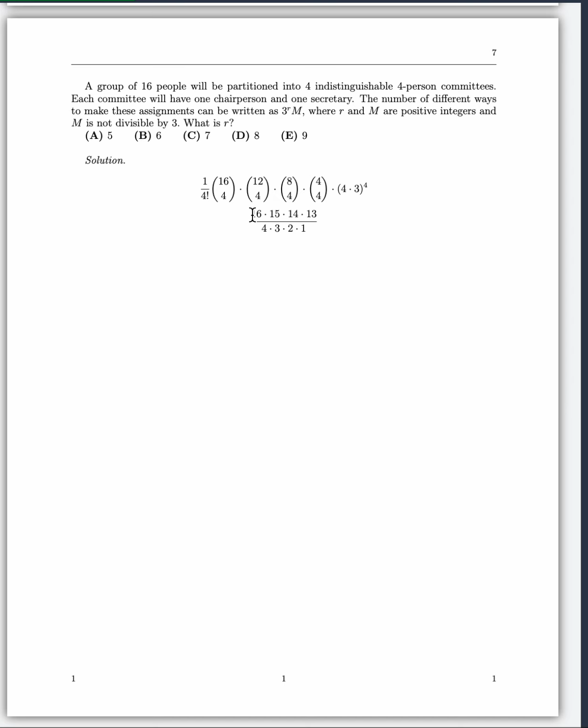Notice that the only factor of 3 there is in 15, so 16 choose 4 will not be divisible by 3. Now let's look at 12 choose 4.